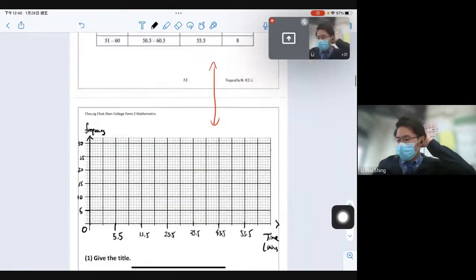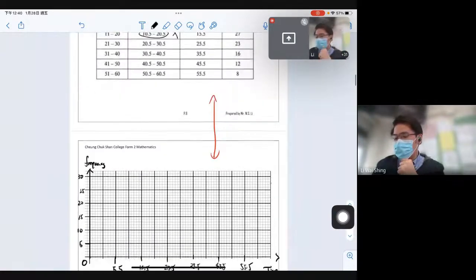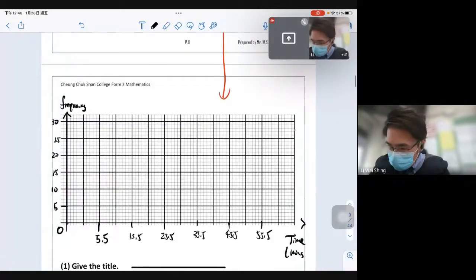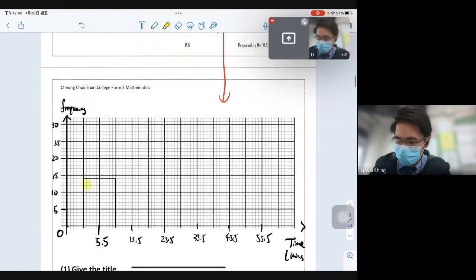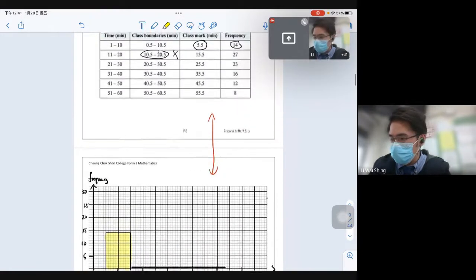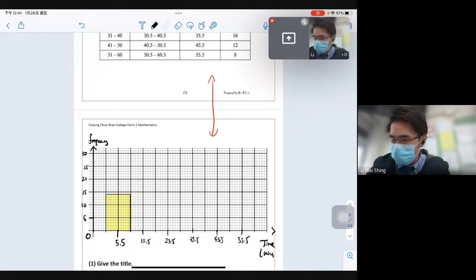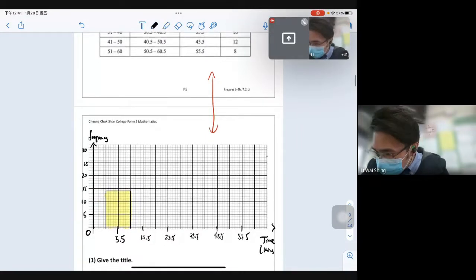Okay, then you can draw the figure. 5.5, 14 of you, so you draw a bar there. Maybe I use a highlighter to help me. Then the frequencies are 27, 23, 27 here, 23 is here.